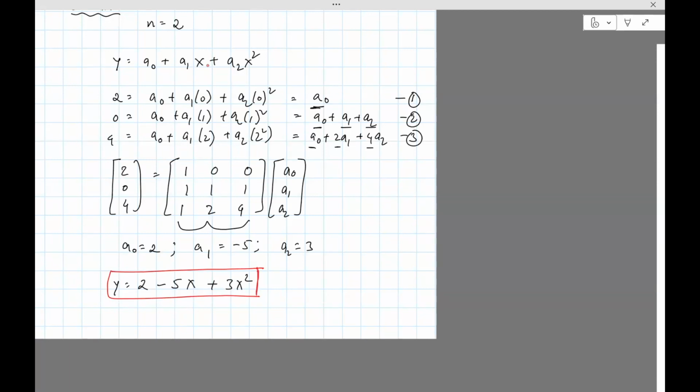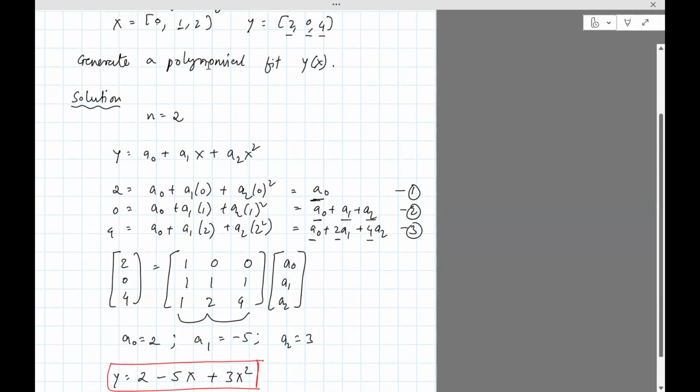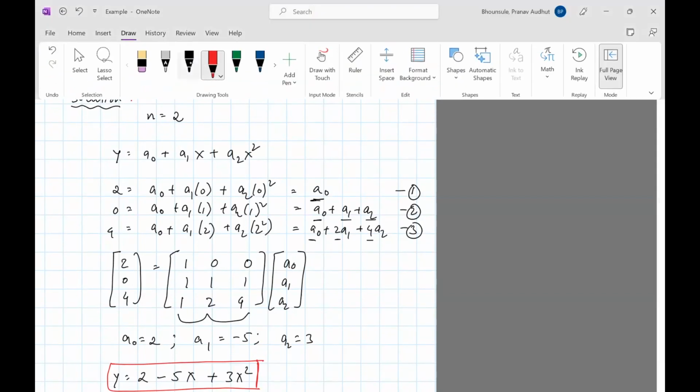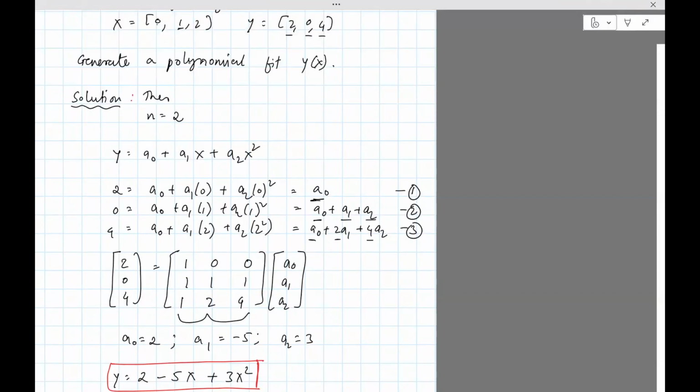Yes, there are three data points, and so we need a polynomial of order 2, right? Because a polynomial of order 2 has 3 unknowns.